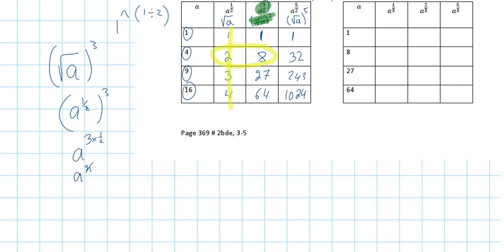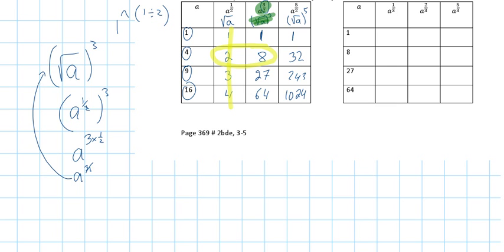So you see how this and this are the same. Because this is to the power of a half, and then to the power of 3. The law says if I have power to the power, I have to multiply the powers. When I multiply a half by 3, it gives me 3 over 2.